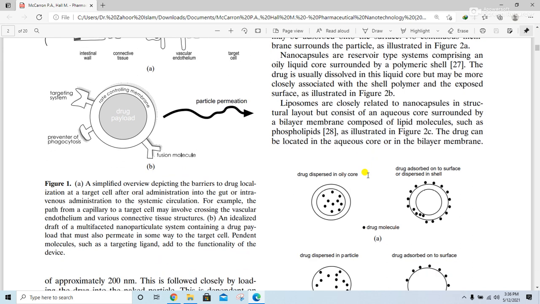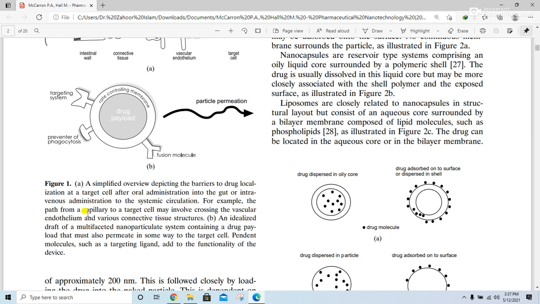You can see in the figure, it is a very simplified overview depicting the barriers to drug localization at a target cell after oral administration into the gut or intravenous administration to the systemic circulation.